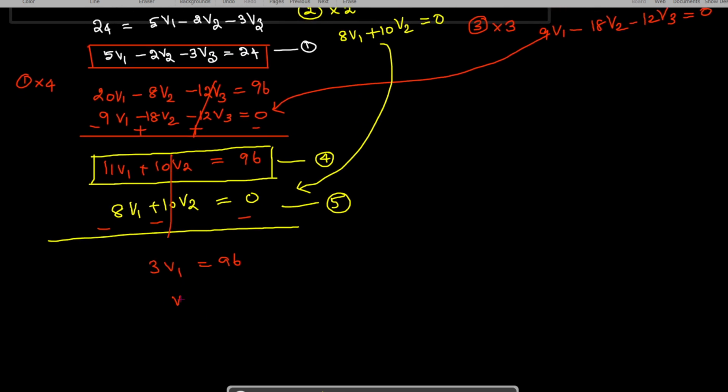Then V1 is equal to 96 by 3, that is 32 volts. So we got one answer now. V1 is equal to 32 volts. This is answer 1.